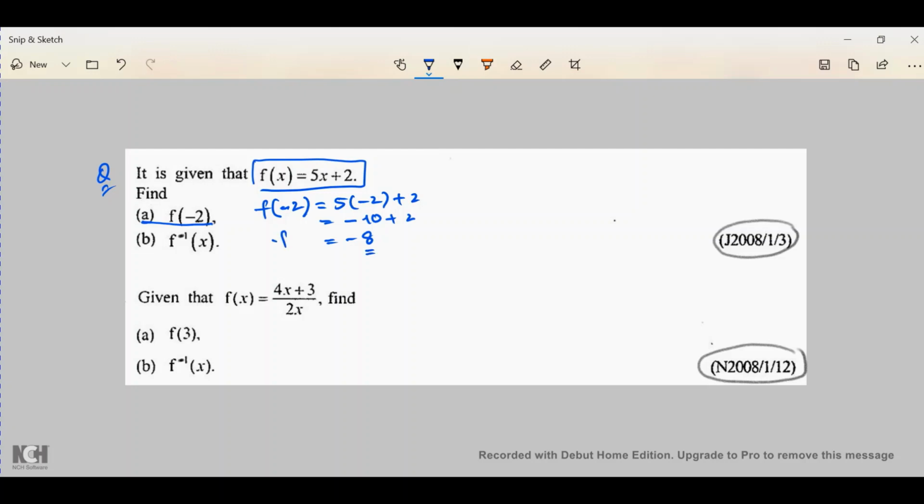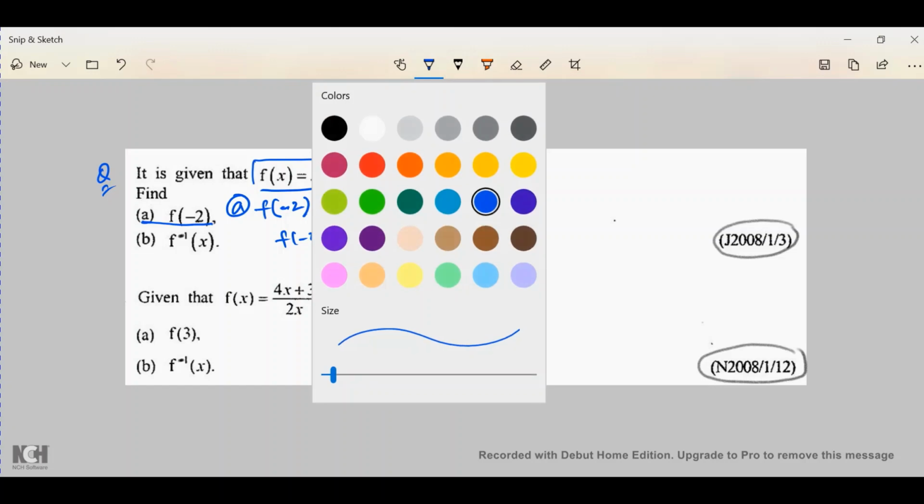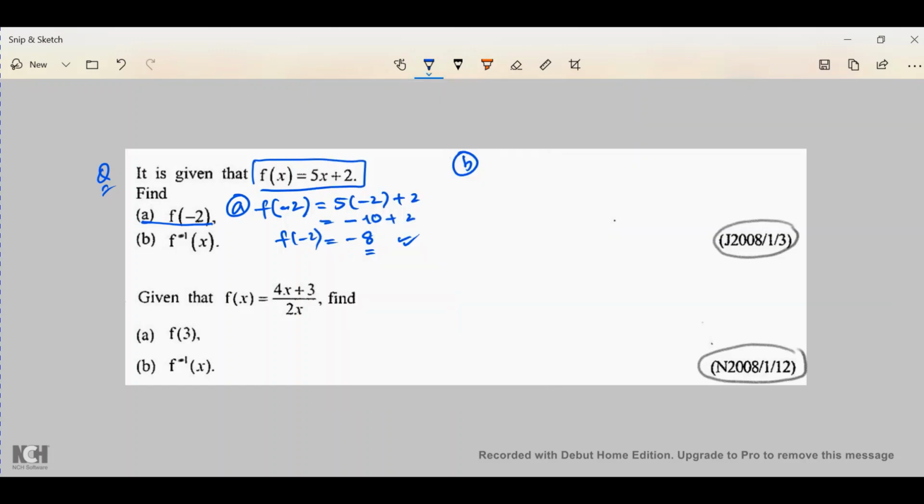This is called f of minus 2 and we have done it. This is part A. Now part B, where we are finding the inverse. To find the inverse we have a specific method to solve. I would like to explain how to find an inverse function.